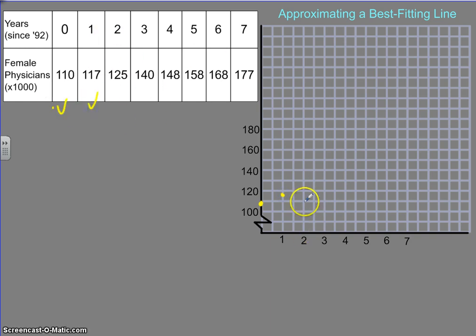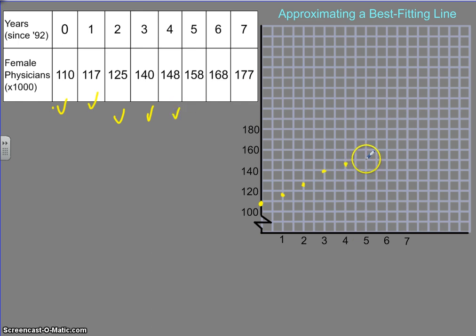2, 125. Here's 2. Now I go to 125, which is about right here. Okay, 3 and 140, right there. Okay, 4 and 148, about right here. Okay, 5 and 158.